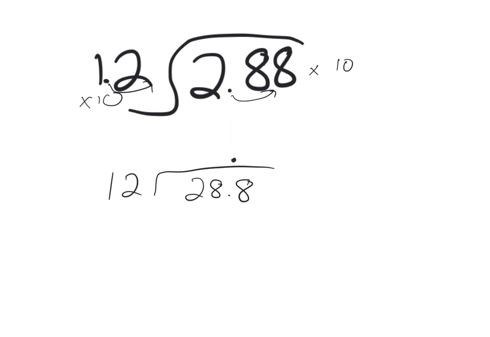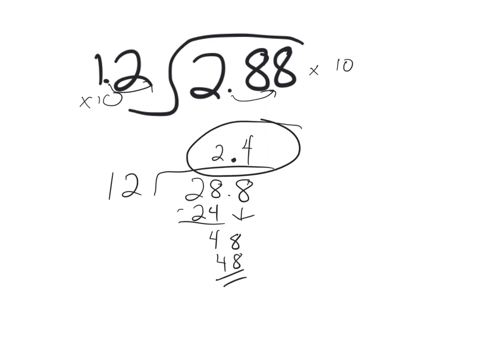Now we can divide. Take your decimal straight up. See that 12 goes into 28 2 times. That's a 24. 8 minus 4 is 4. Bring your 8 down. Divide again. 12 goes into 48 4 times. And we have our answer of 24.